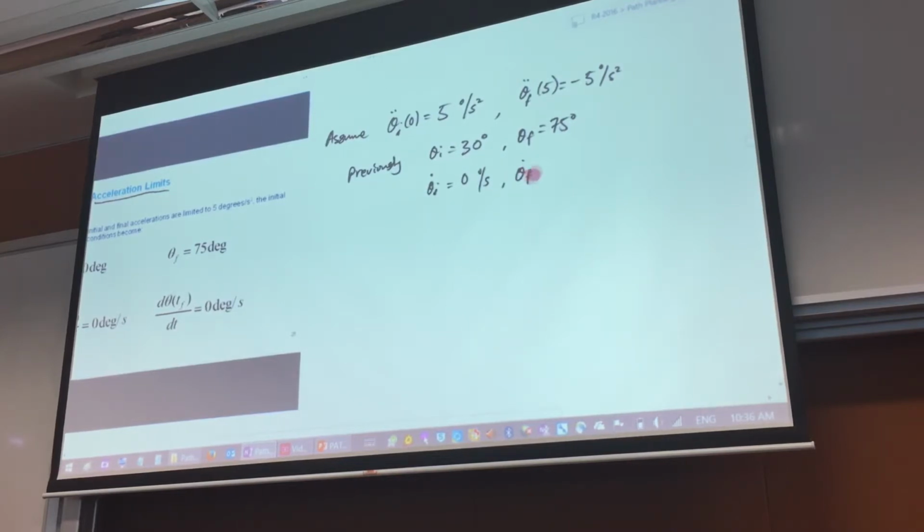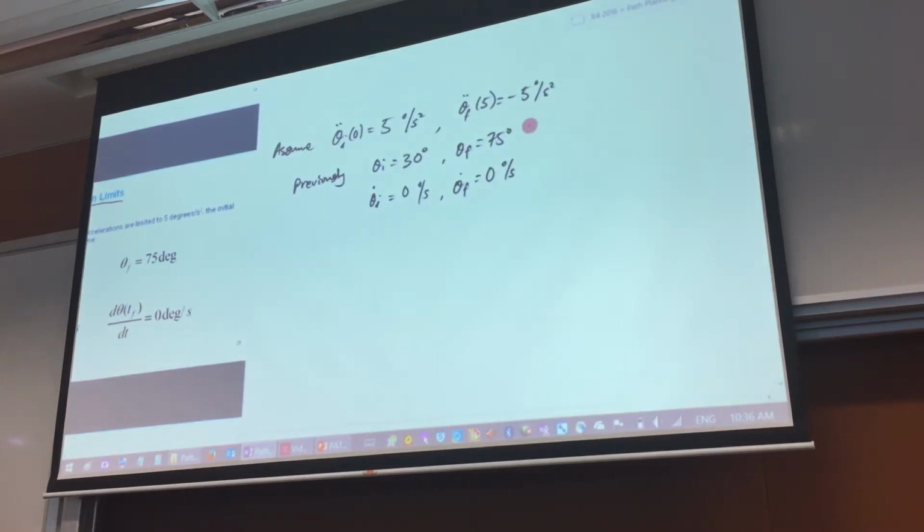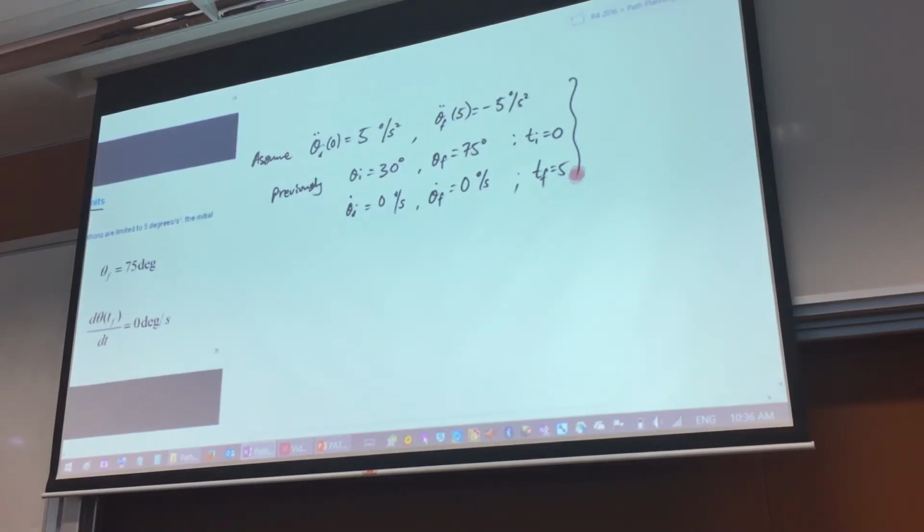And theta dot F, that's also 0 degrees per second. So this is a case for Ti equal to 0 seconds, and a case where Tf is equal to 5 seconds. Previously all those conditions stayed, and now you have 6 boundary conditions.